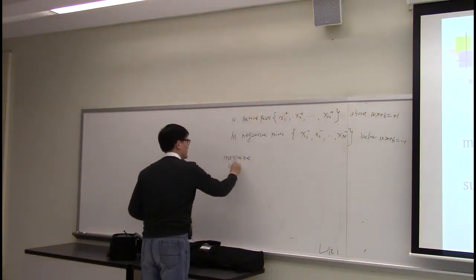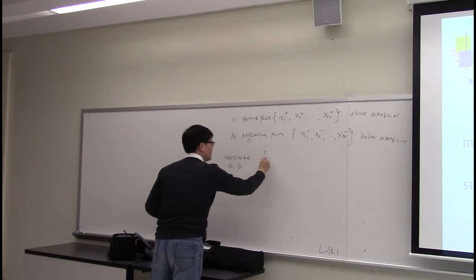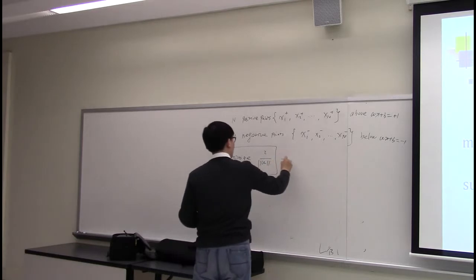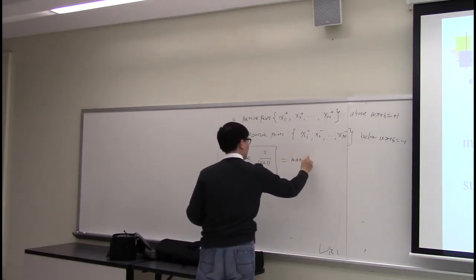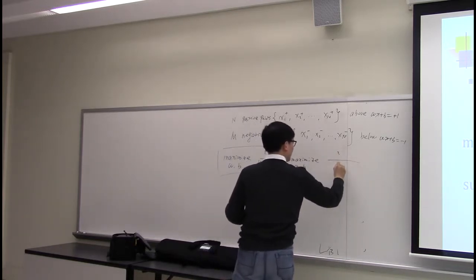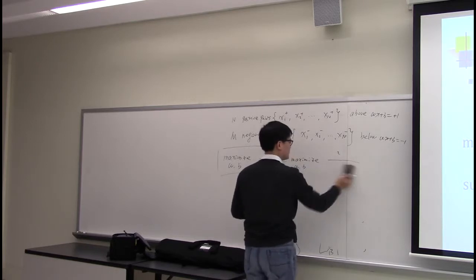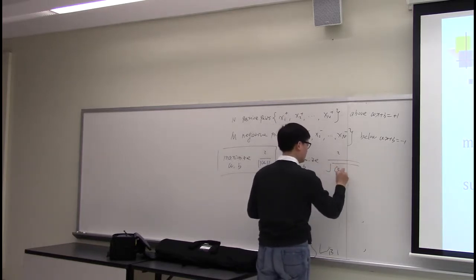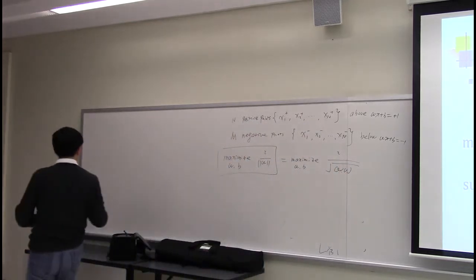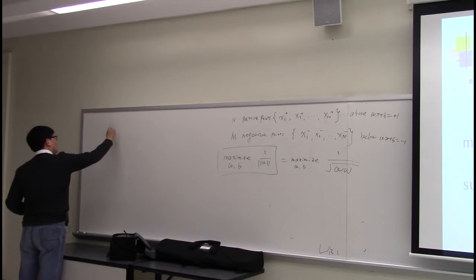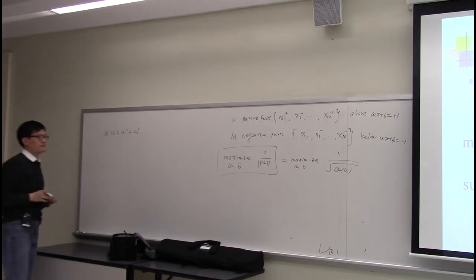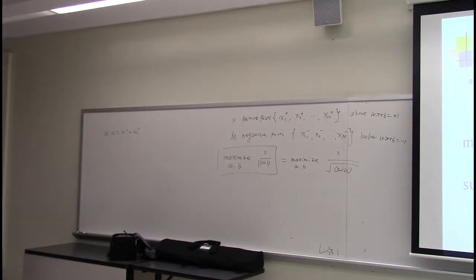Maximize 2 over the norm of W is equivalent to maximize 2 over the square root of W dot W. So W dot W is W1 square plus W2 square. Can you follow?